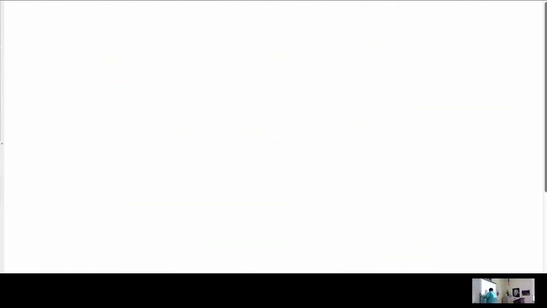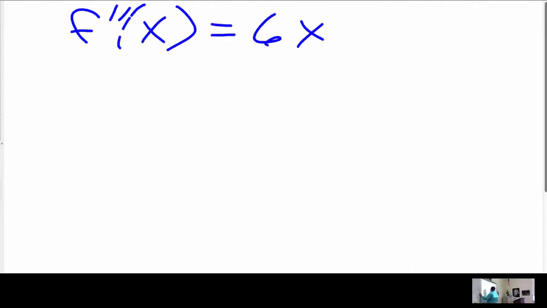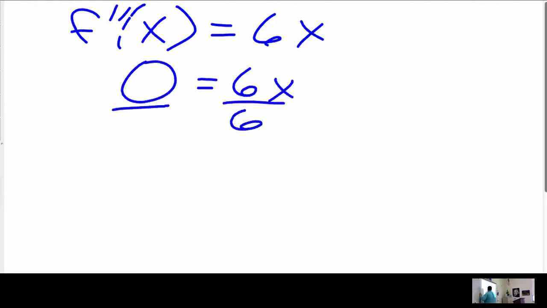So I'm going to find the 0 of f double prime of x, which is equal to 6x. So the critical point for f double prime is 0. Now remember, we're supposed to see if it's not differentiable, and that occurs when the domain is restricted, but for both f prime and f double prime, it's all real numbers for the domain.